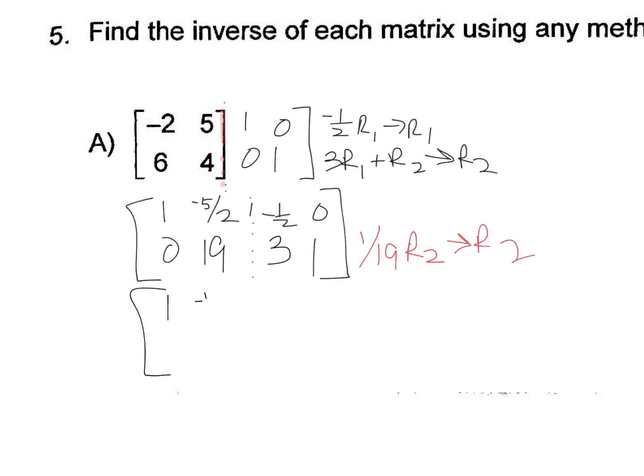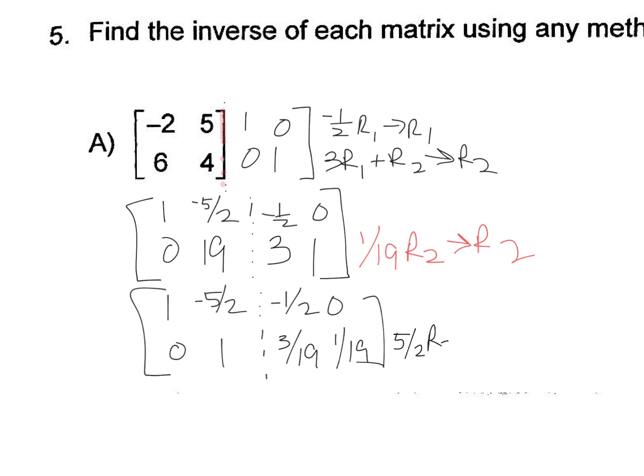And rewrite the top, negative 5 over 2, negative 1/2, 0, and I have 0, I have 1, I have 3/19 and 1/19. Now we're going to work up, we're going to use this to make that a 0. So I'm going to multiply the bottom by 5 over 2, R2 plus R1, that would eliminate that, it gives us a new R1.